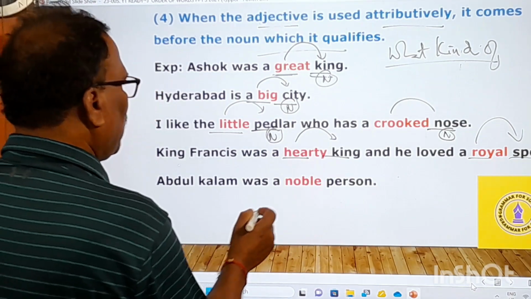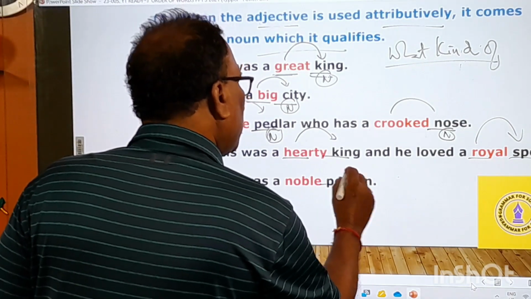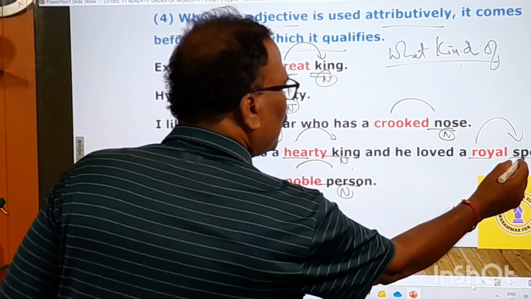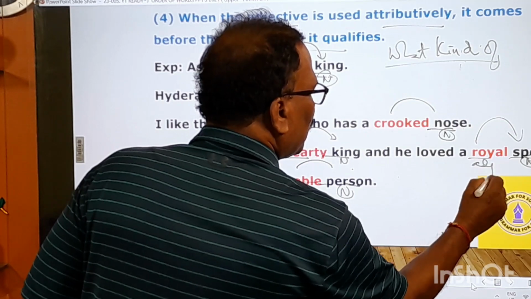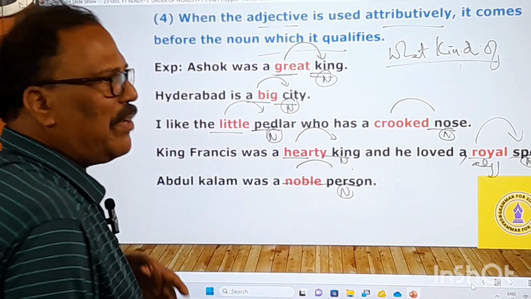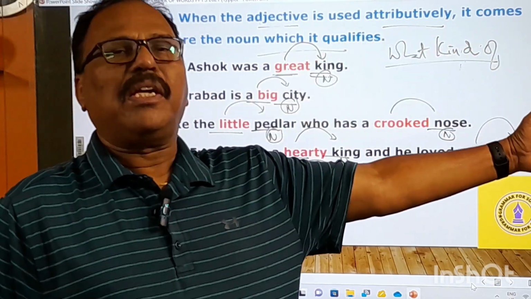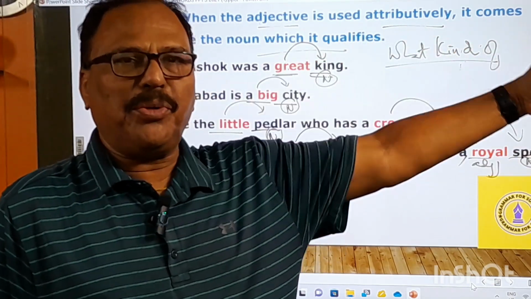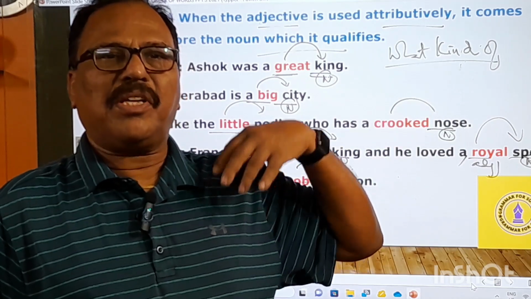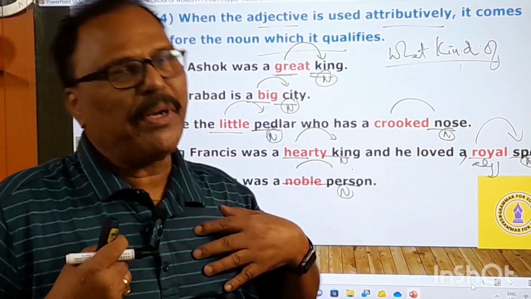Here, Abdul Kalam was a noble person. What kind of person? Noble person. This is a noun, and this is an adjective. So with a noun, if an adjective is used, it is called an attributive use. Adjectives are used in two ways: attributively and predicatively.